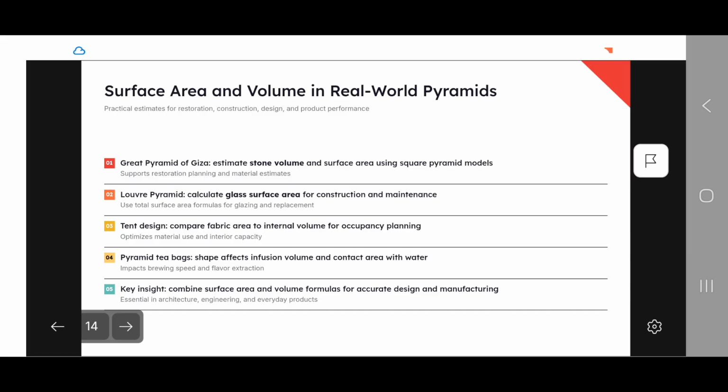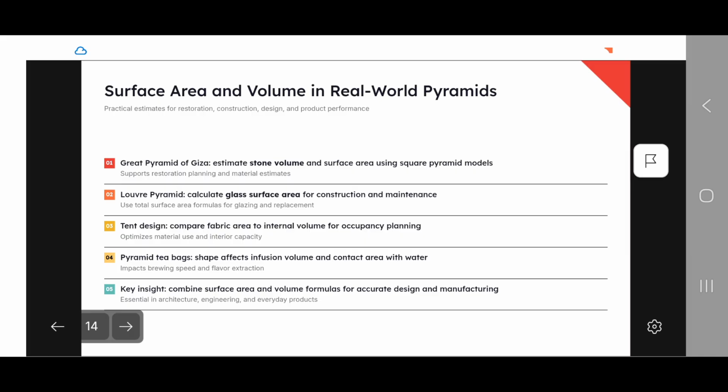So, the Louvre Pyramid. Calculate glass surface area for construction and maintenance. So use total surface area formulas for glazing and replacement. Tent design: compare fabric area to internal volume for occupancy planning.